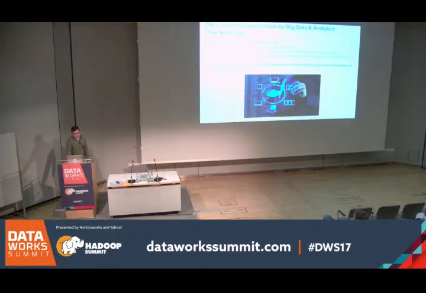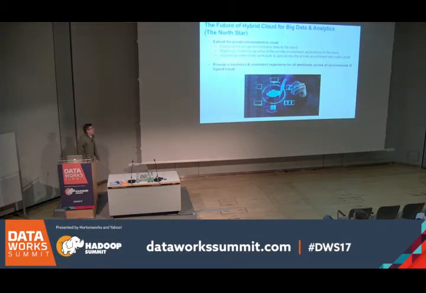So let's look at the North Star. What needs to happen on the hybrid cloud. What we see is that for hybrid cloud to be expanded to more organizations, there are 3 points that need to happen, and it's already happening right now. We want to expose the on-prem or your private environment to the cloud. Organizations want to migrate some of the things that they are running on-prem to the cloud, considering cost efficiency.